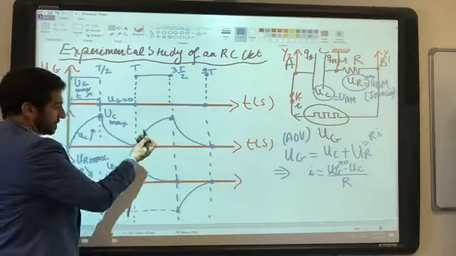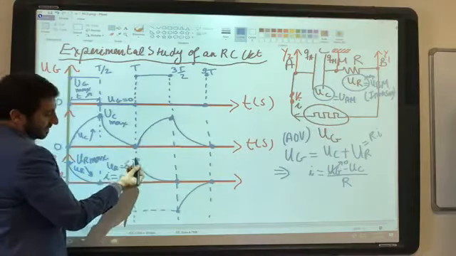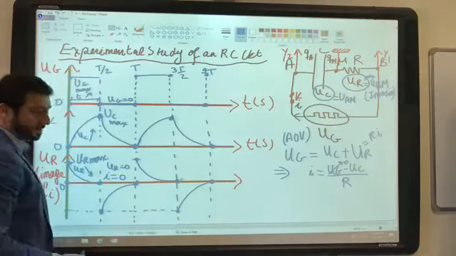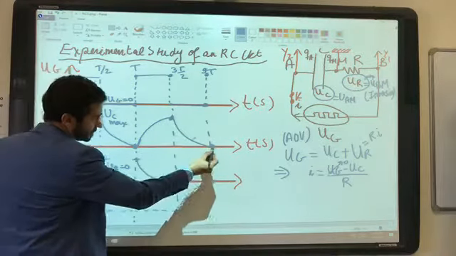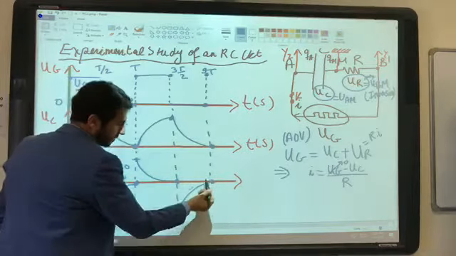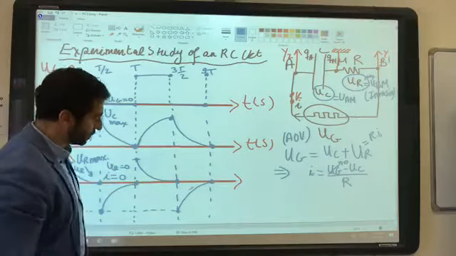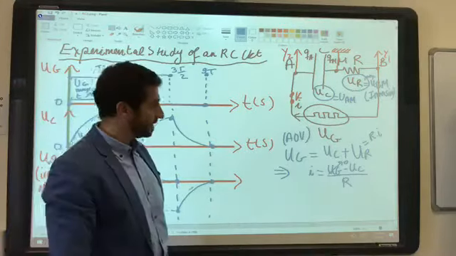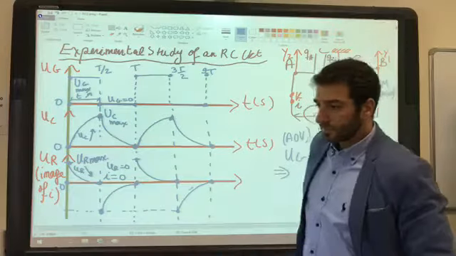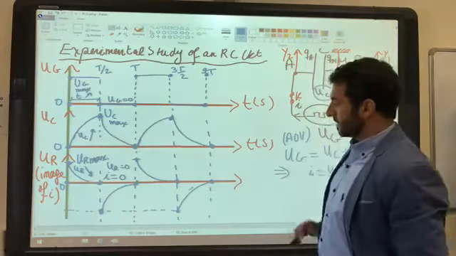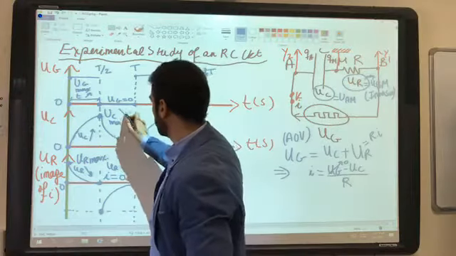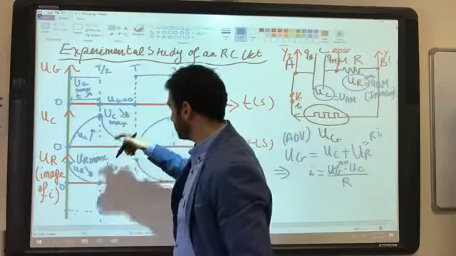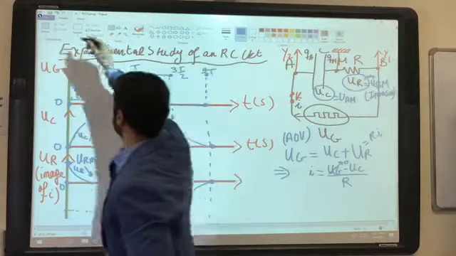It goes charging the capacitor until the current is 0 and the voltage is 0. Again, when it discharges the capacitor, the I will increase, in absolute value of course. We're talking about absolute value here, and so forth. This is the experimental study actually that we are using here. UC here is decreasing, here UC max.